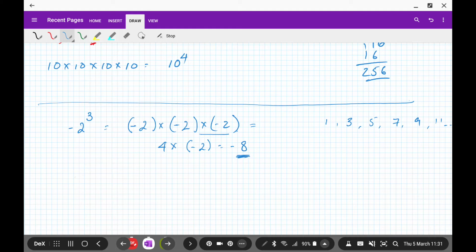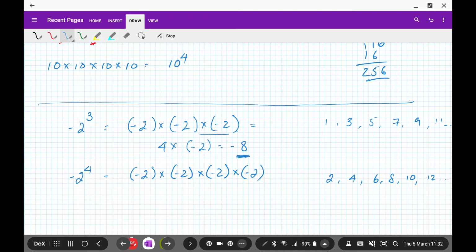But what happens if I do -2, but the exponent is an even number? Even numbers are 2, 4, 6, 8, 10, 12, and so on. In this case, all we are saying is exactly the same thing: -2 multiplied by -2 multiplied by -2 multiplied by -2, 4 times.